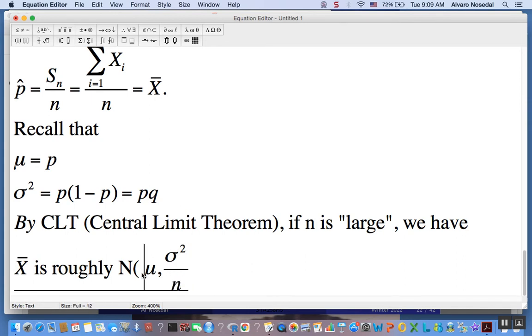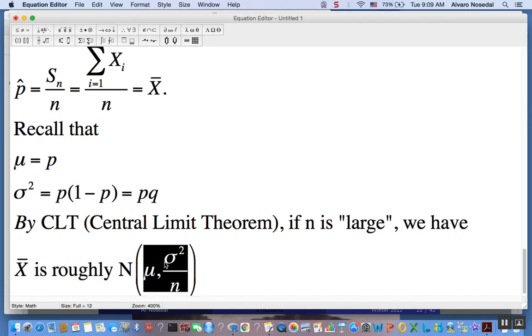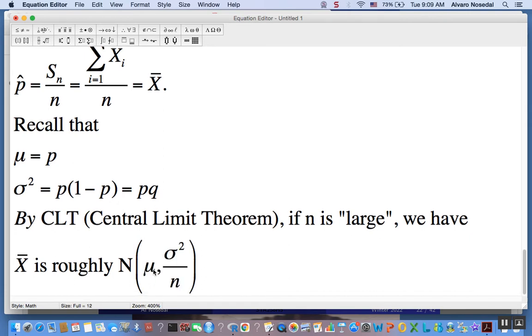And let me be very specific about the notation here to avoid any sort of misunderstandings. So that mu happens to be the mean of that new random variable x bar. So let me underline that the mean of that random variable x bar is mu, right?